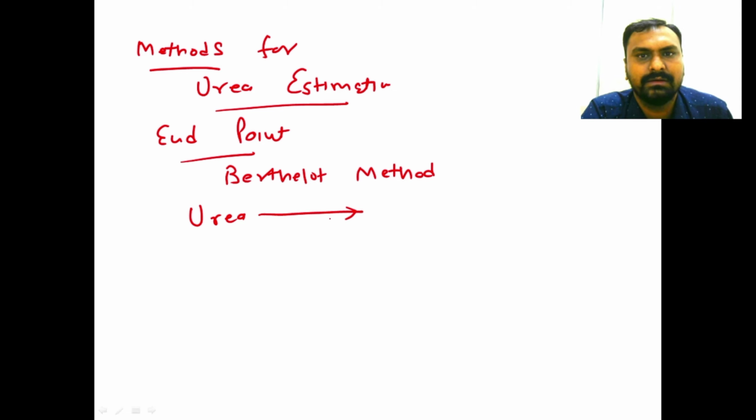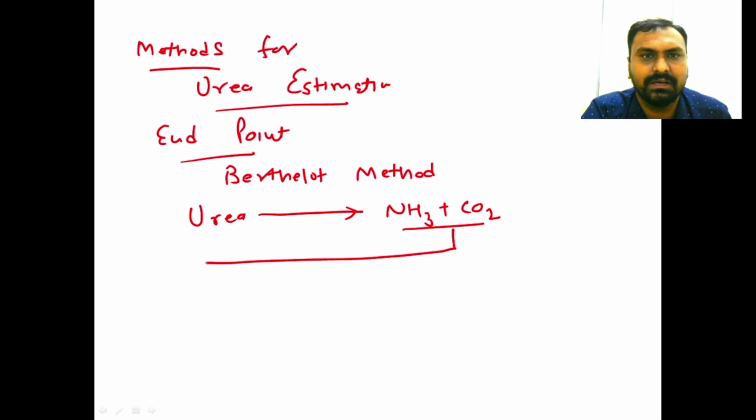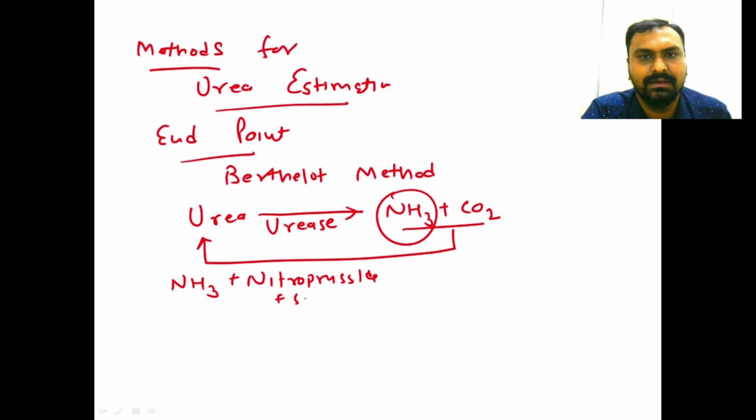urea is converted to ammonia and CO2. In the urea cycle, we have said that NH3 and CO2 combine to ultimately form urea in the liver. But when urea is broken down by the urease enzyme, ammonia is formed. This ammonia reacts with nitroprusside and salicylate.